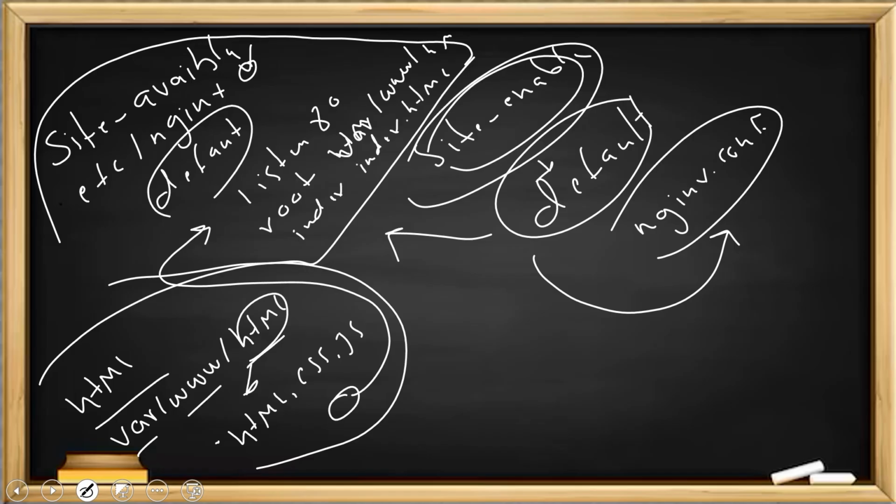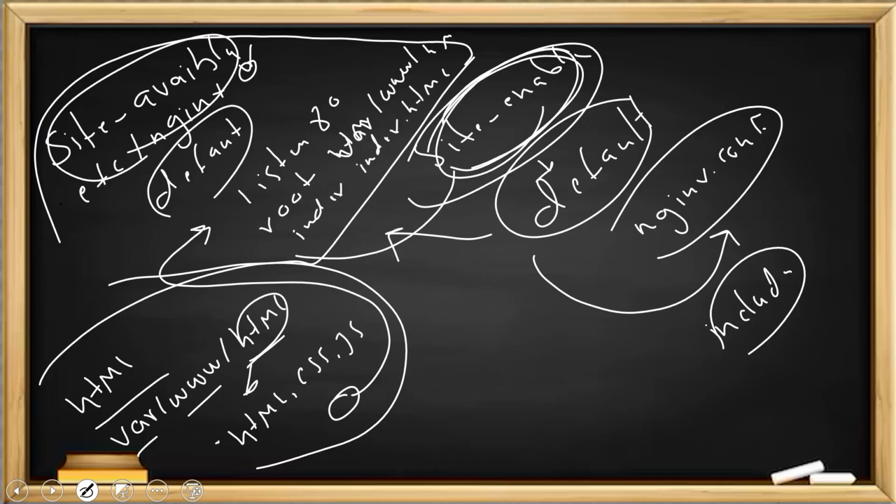Inside nginx.conf, we have an include directive that includes the path of sites-enabled. Sites-enabled is linked to sites-available.